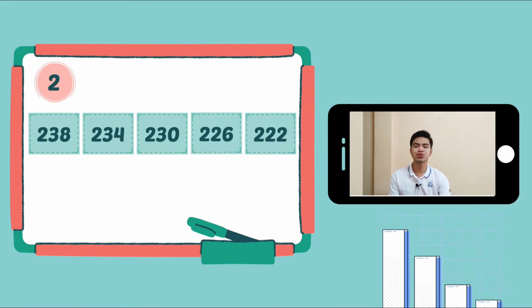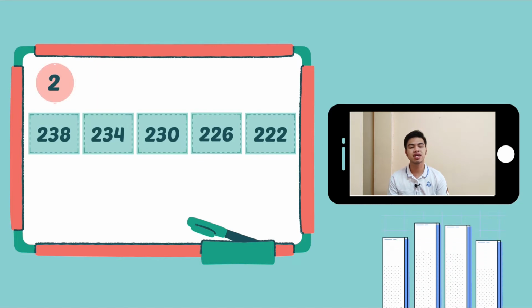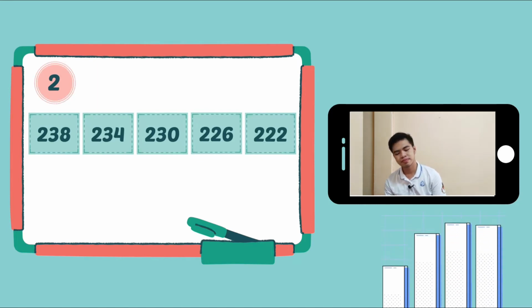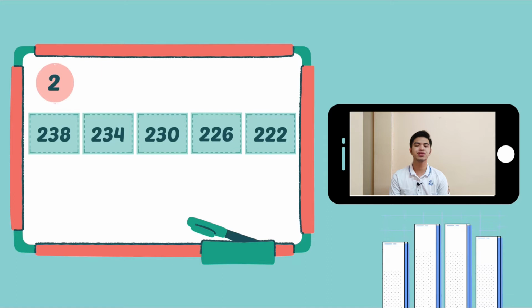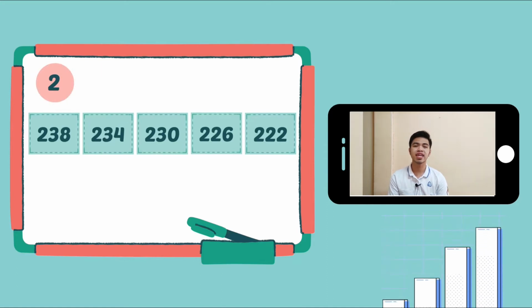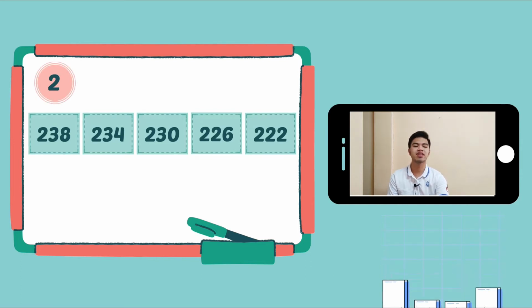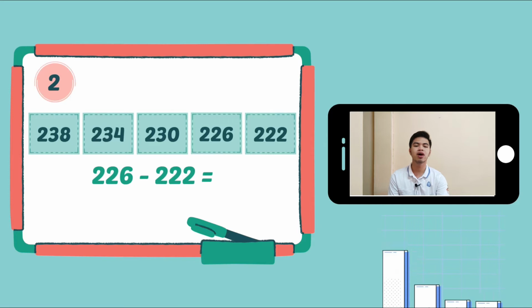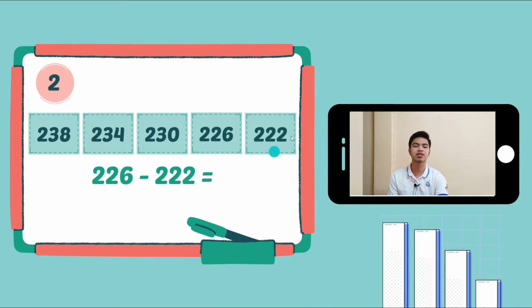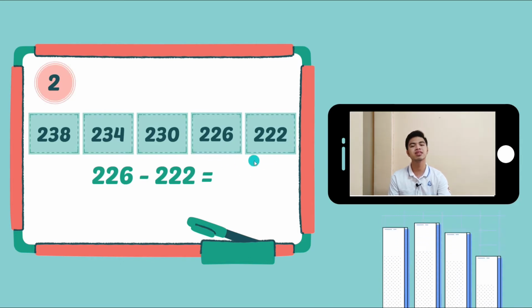For the number 2, we have 238, 234, 230, 226, and 222. So, to find out the counting down of this number pattern, we have to subtract two consecutive numbers. So, we can choose 226 and 222. So, 226 minus 222 is equal to what number?